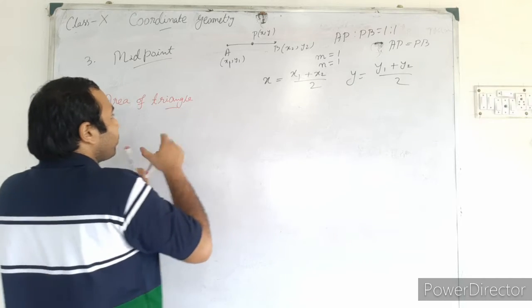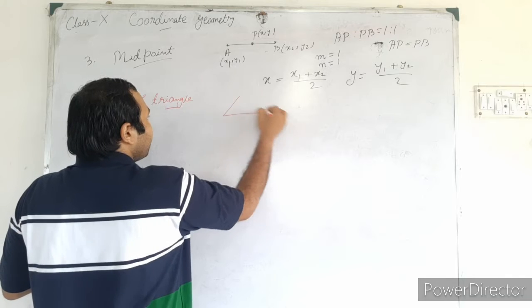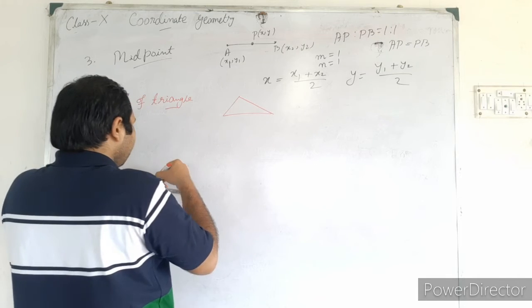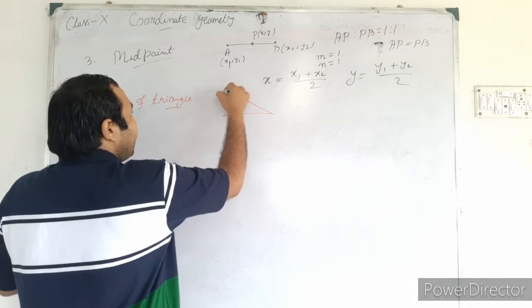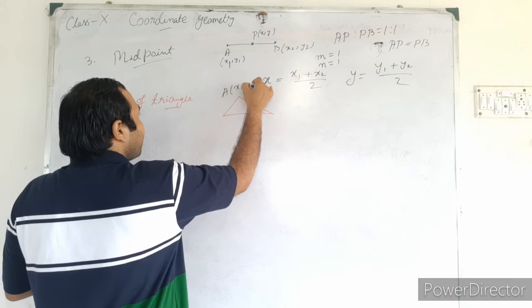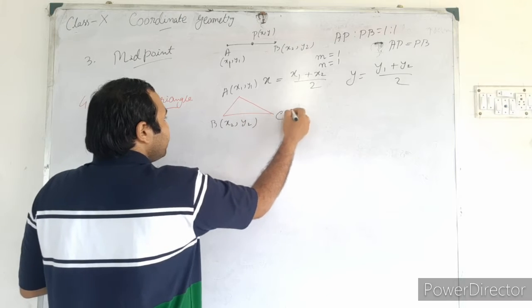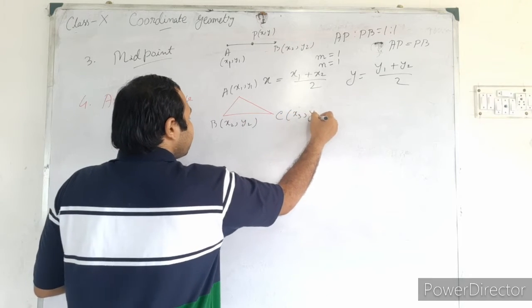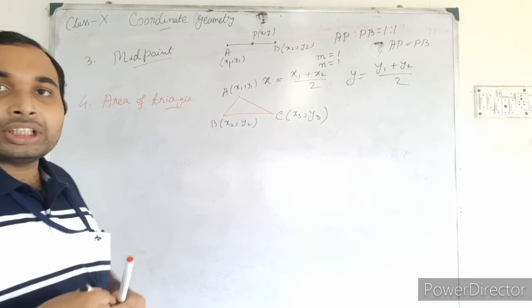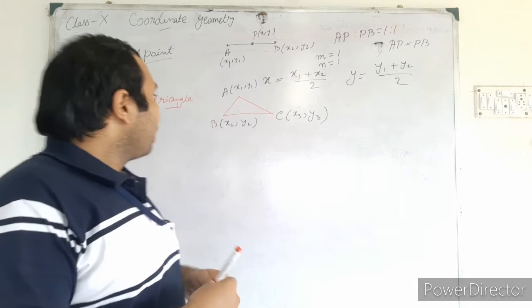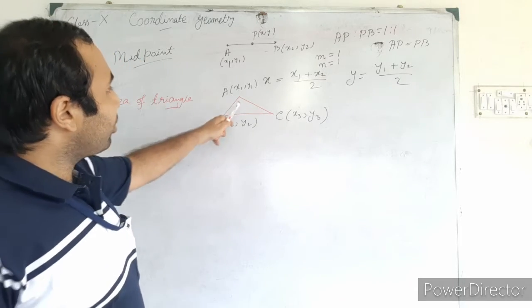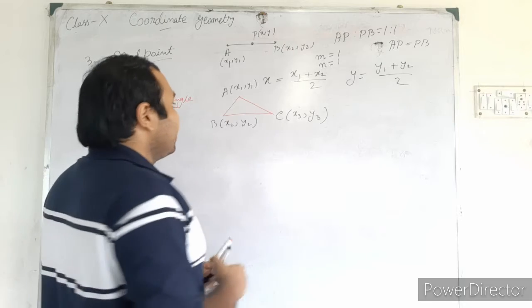So I am taking the points as, if this is the triangle, A with (x1, y1), B with (x2, y2) and C with (x3, y3). If those are the 3 points, then what will be the area of the triangle ABC?